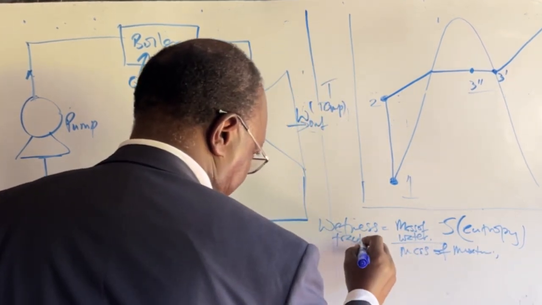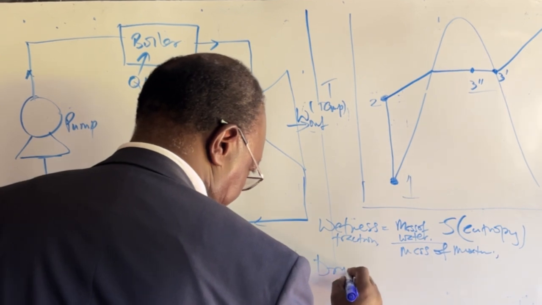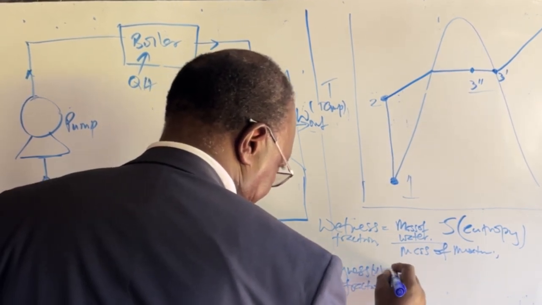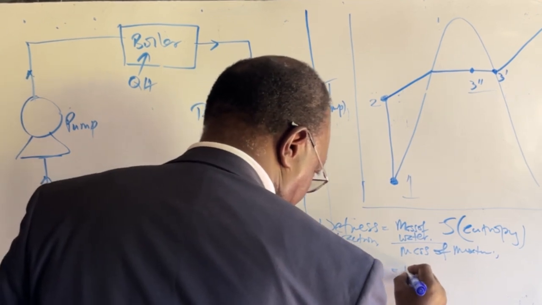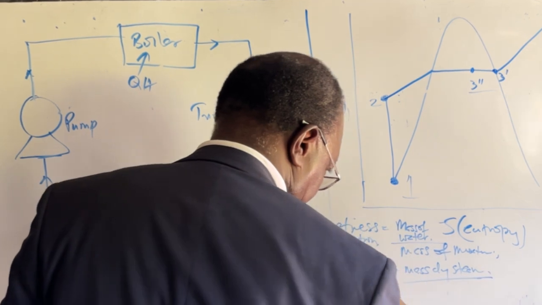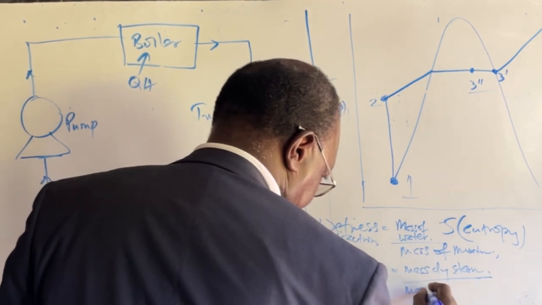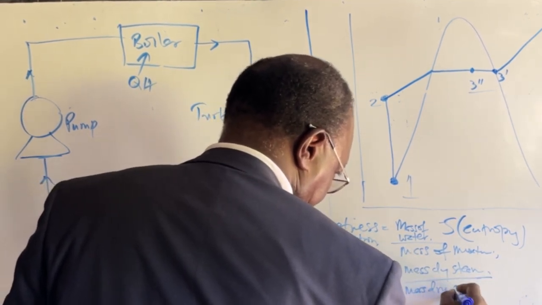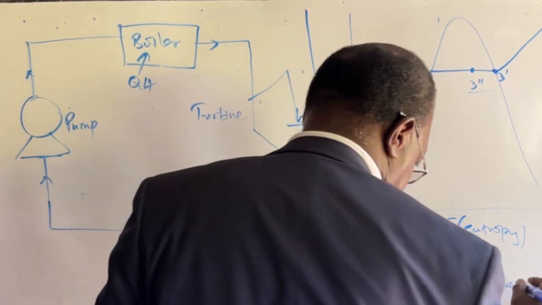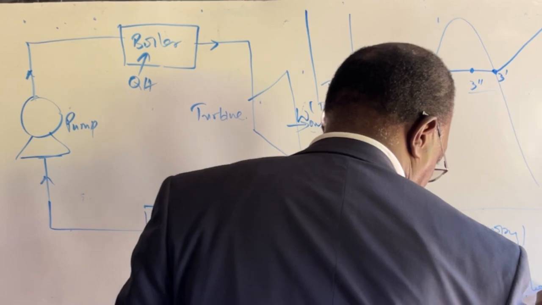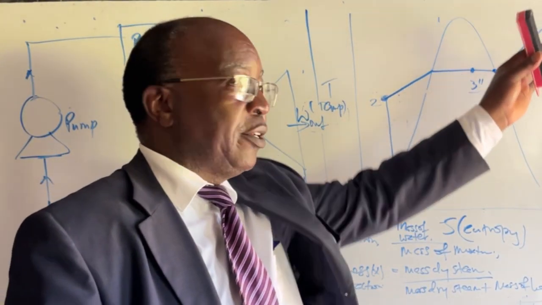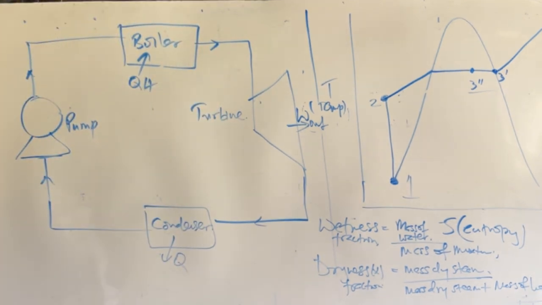In terms of dryness fraction, which you call x, that will be the mass of dry steam divided by the mass of dry steam plus the mass of liquid. And normally when you are dealing with dryness fraction, by the time it's going to the turbine, it's normally about 18%.